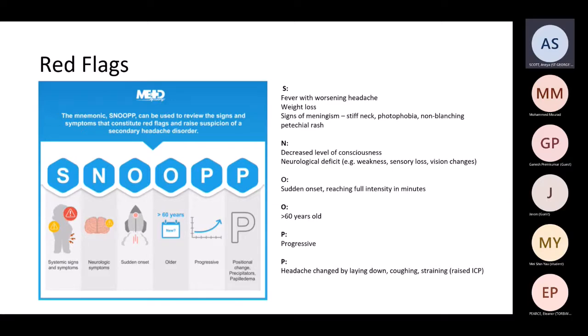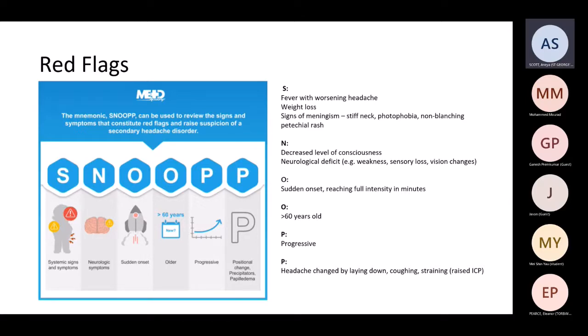The N is for neurologic symptoms. So if they've got any decreased level of consciousness or any neurological deficit, so vision changes or sensory loss, that's worrying. O is if it's sudden onset. In a lot of cases, a sudden onset headache is probably the most concerning. O is if they're over 60.